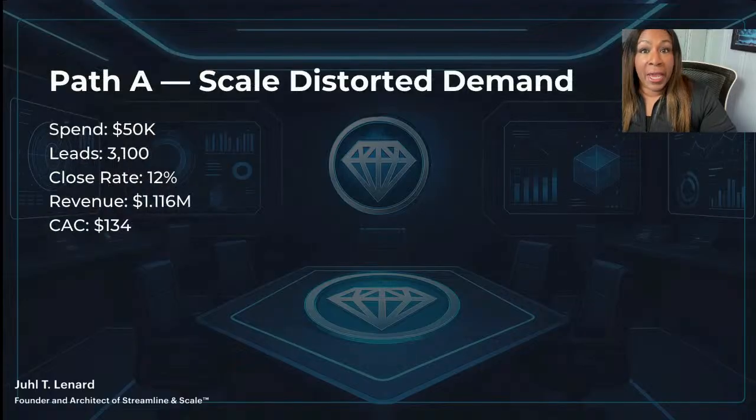In path A, we scale with distorted demand, which means the signal integrity has not been addressed. We're just adding more leads. So we spend 50 grand, we have 3,100 leads. The close rate is now 12%. The revenue is 1.1 million, and CAC is 134.